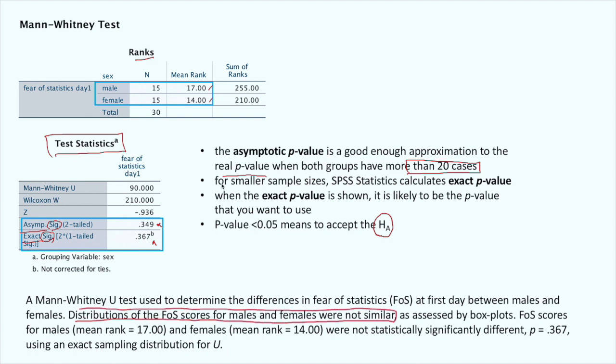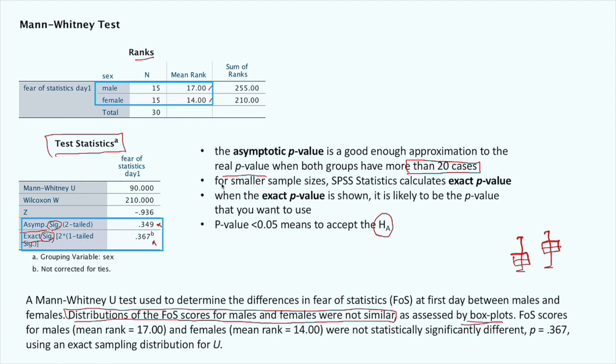It means that you took a look at the box plots, and you explain here, as assessed by the box plots, that there is a non-similar distribution, and therefore when you are explaining this, you are explaining what is statistically significant.